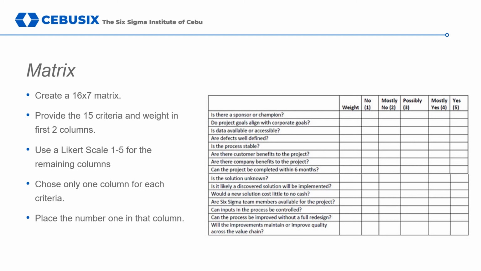The remaining columns will be used to score a single possible project against the 15 criteria, using a Likert scale from 1 to 5, with 1 representing the farthest left column and 5 represented by the farthest right column. We score each of the 15 criteria. There should be only 1 score marked per row.